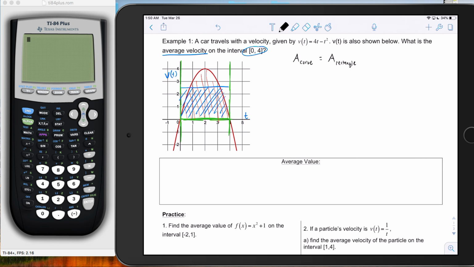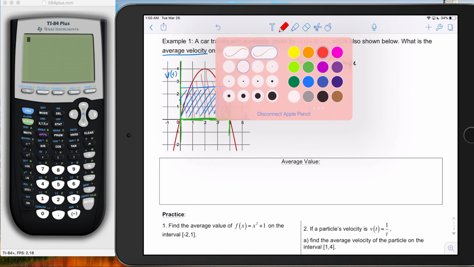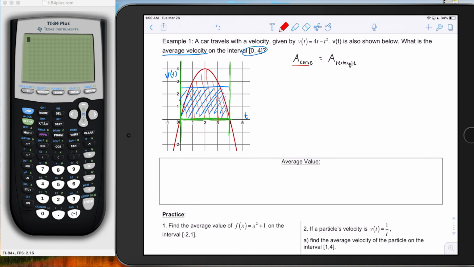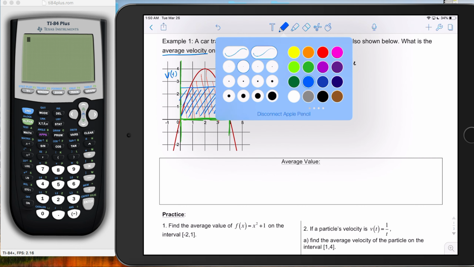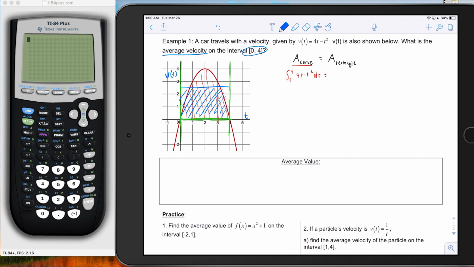And so let's kind of break this down. How do you find the area of the red curve? The area of the red curve, isn't it just the definite integral from 0 to 4 of 4t minus t squared? Right? That's the area under the curve. Equals, now the rectangle is just the length times the width, right?